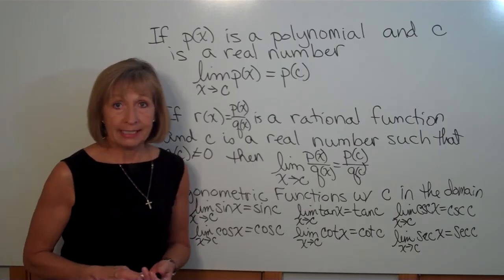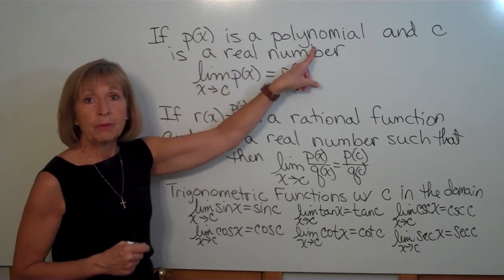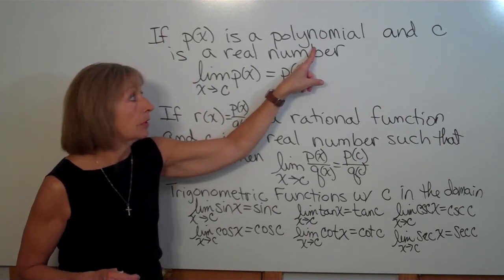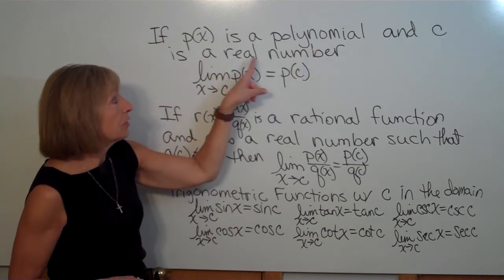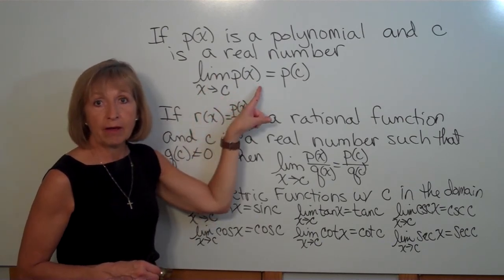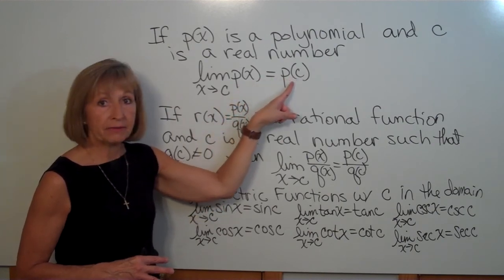Here's a few more that are handy to know. If p of x is a polynomial, remember a polynomial is an algebraic expression in which the exponents on the variables are whole numbers, and c is a real number, then the limit as x approaches c of a polynomial function, p of x, is equal to p of c.